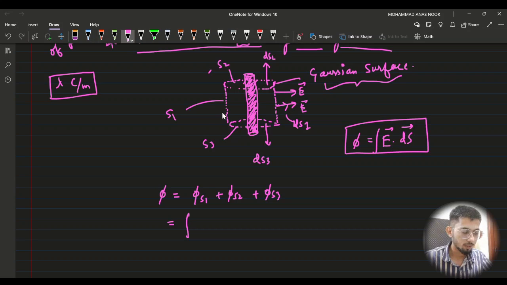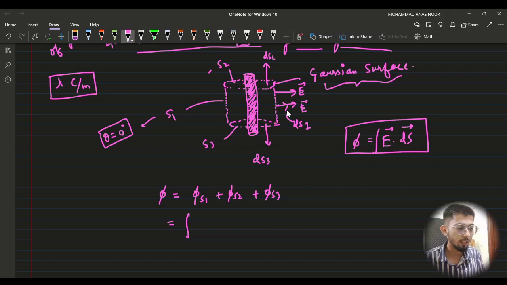So in the first case, the theta here would be what? 90? Oh, 0, sorry. E is in the direction of ds, right?